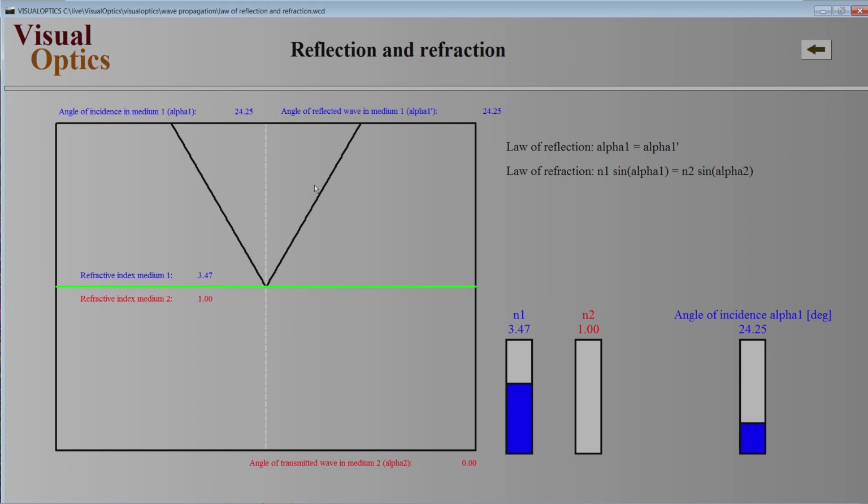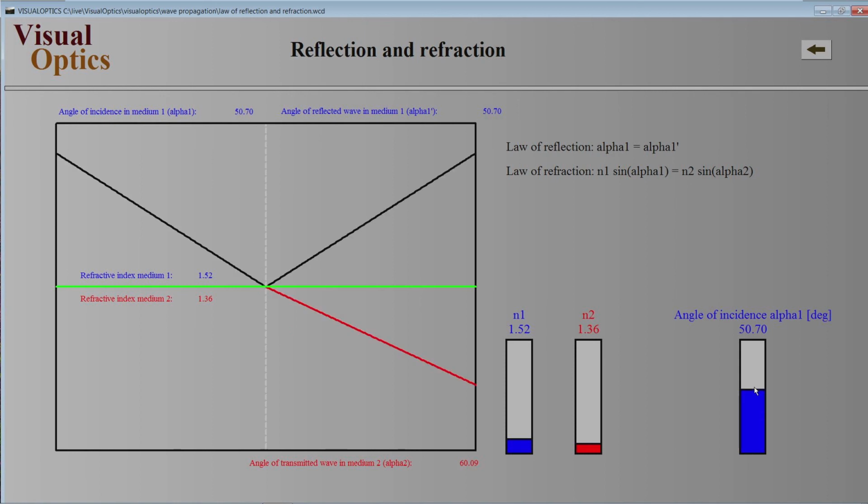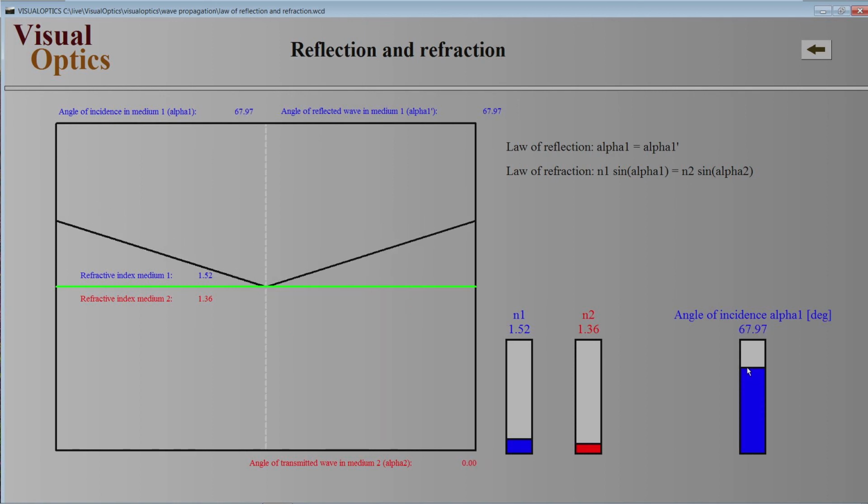And this is widely used in optical fibers, where you have basically typically a glass interface, and outside in medium 2 there's a smaller refractive index. And in this case, if you go to large angles, light moving at large angles through an optical fiber and it hits an interface, the reflectance is 100%.